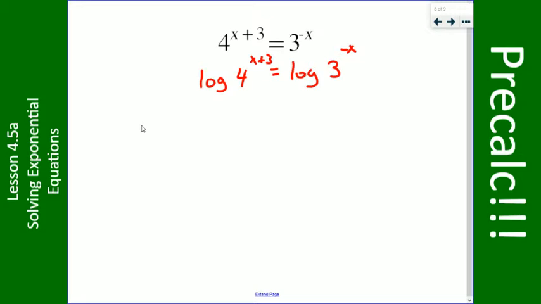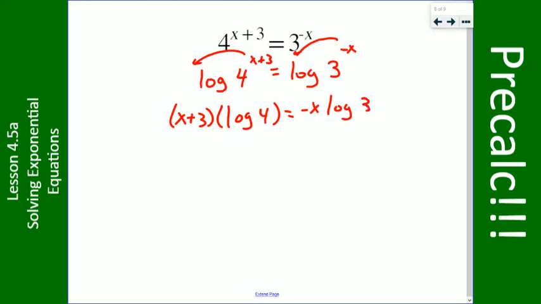Then we want to use the power rule to get all those exponents down. So all those exponents are going to come out front of our logarithms. So we have x plus 3 times logarithm base 10 of 4 equals negative x times logarithm base 10 of 3.